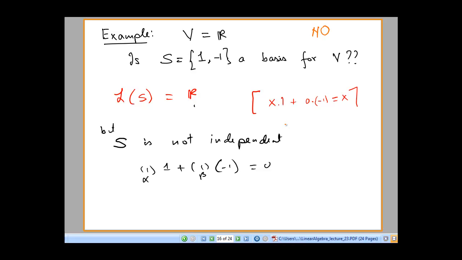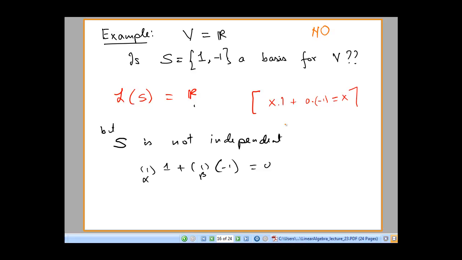When do we say, by the algebraic definition, that two vectors are independent or dependent? If V1 and V2 are independent, then alpha 1 V1 plus alpha 2 V2 is equal to 0 can only be true when alpha 1 and alpha 2 are 0.